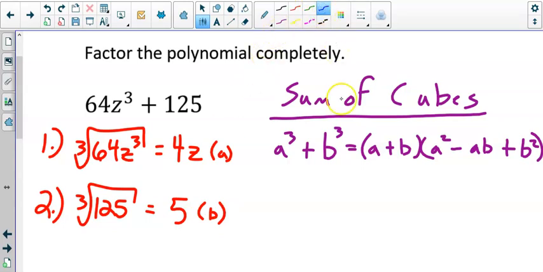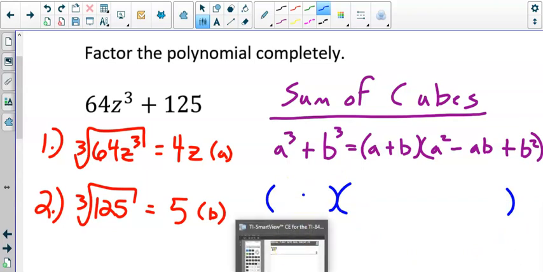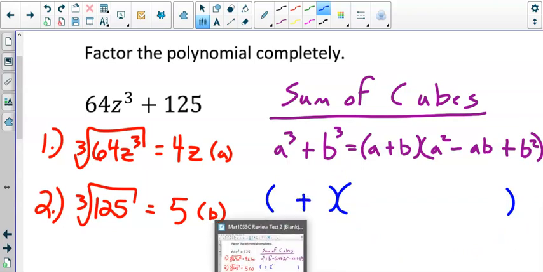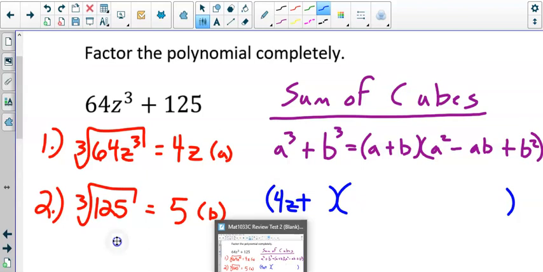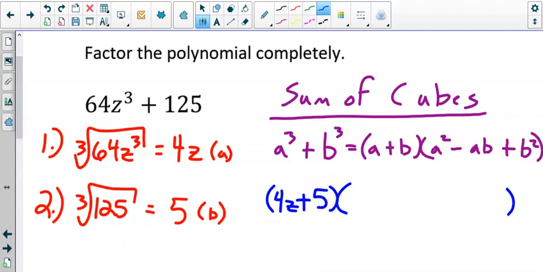All we do now is plug in. So this first parenthesis says a goes before the addition sign. So what is a? Says b goes after the addition sign. There's your first parenthesis. And then all we do is we plug into the rest of it. So here, after the parenthesis, it says a squared, which is?